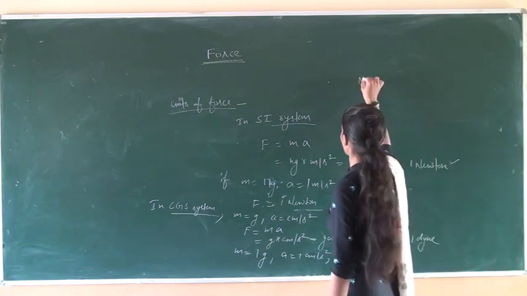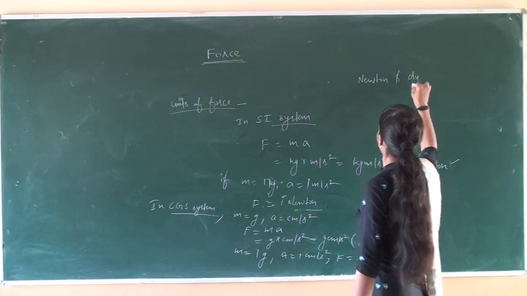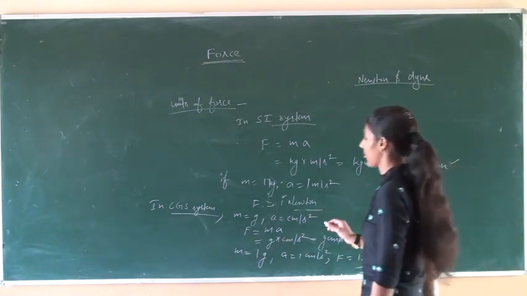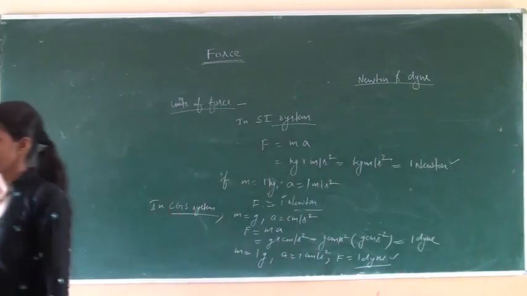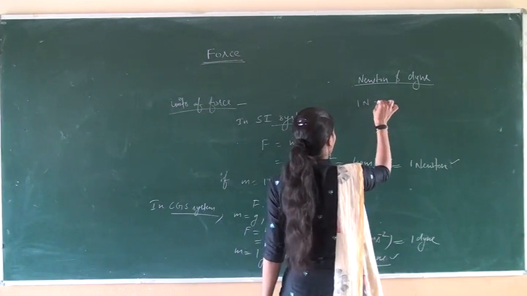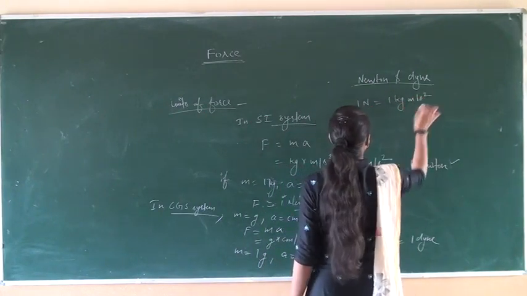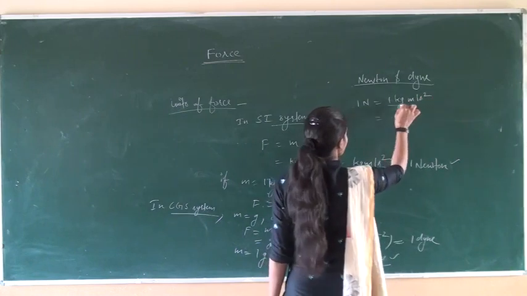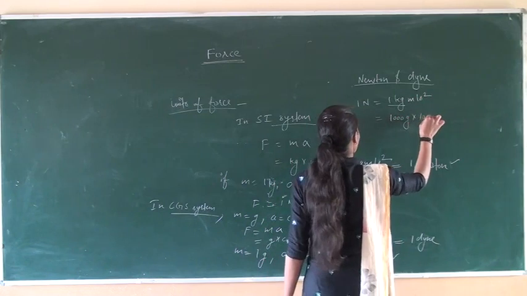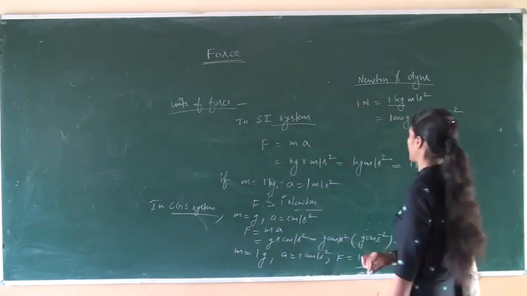After that, there is a relation between Newton and Dyn. What is the relation between Newton and Dyn? Here, 1 Newton is equal to 1 kg meter per second square. Means 1 kg is 1000 gram and 1 meter means 100 centimeter per second square.